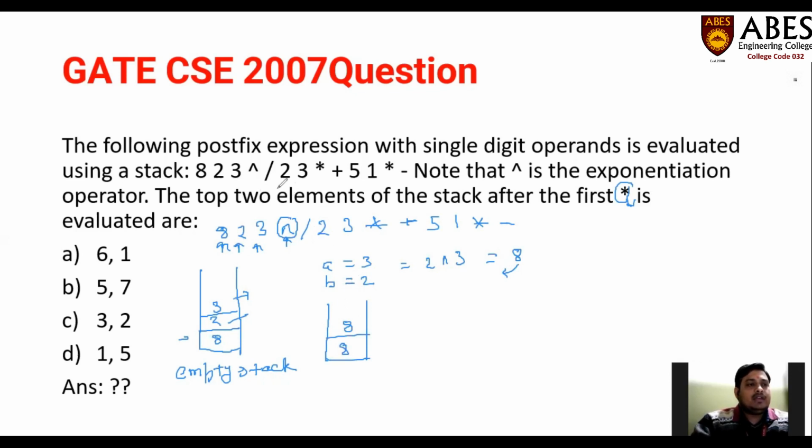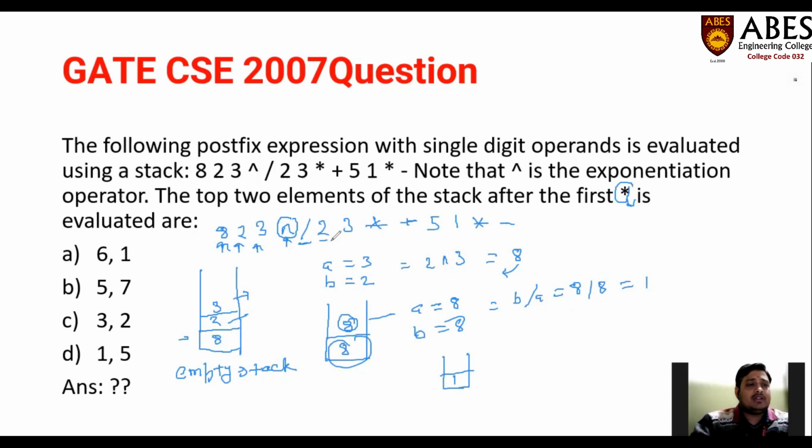After that we encounter the divide symbol. This is again an operator, so we pop two elements from the stack. Let's say a equals 8 and b equals 8, and perform b operation a. That is 8 divided by 8, which becomes 1. After pushing this 1 back, we have 1 on the stack.